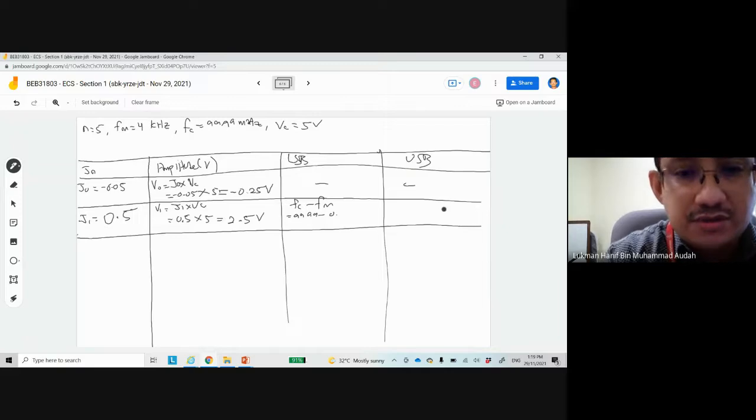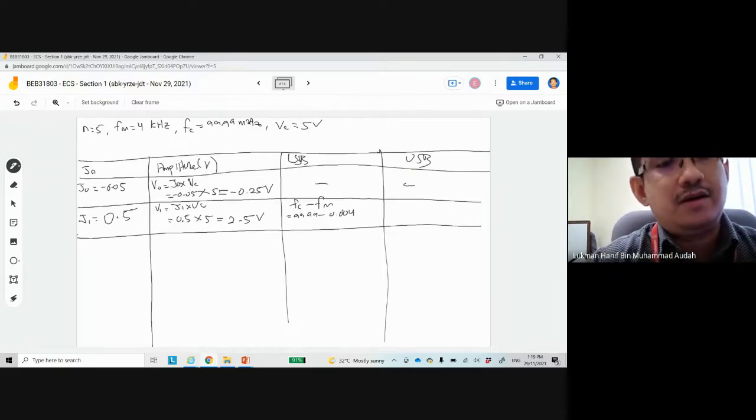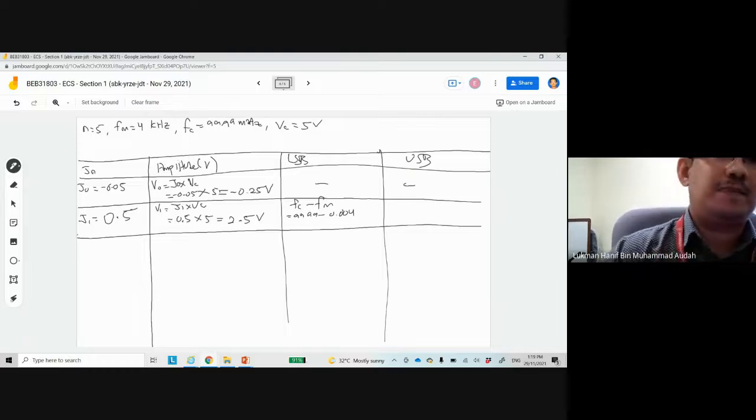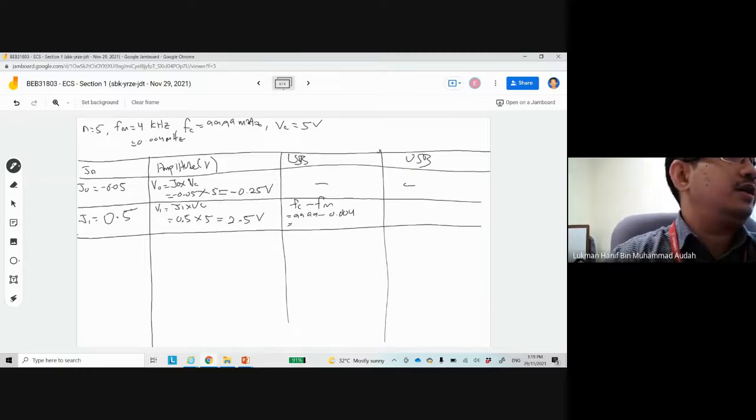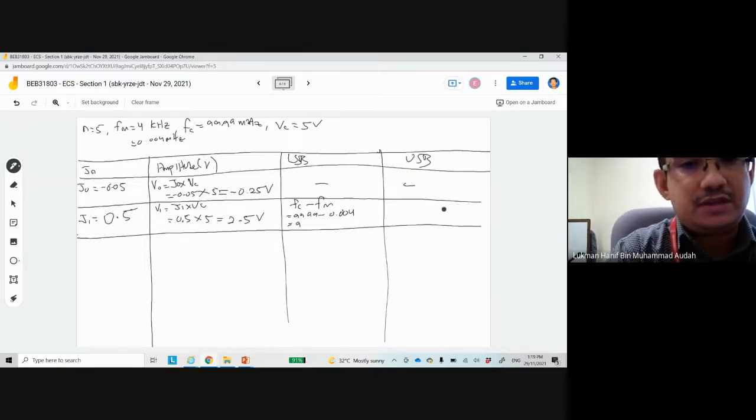Okay, so minus 0.004 mega. Okay, so ini bersamaan dengan 99.986 megahertz. So ini you boleh buat megahertz lah.